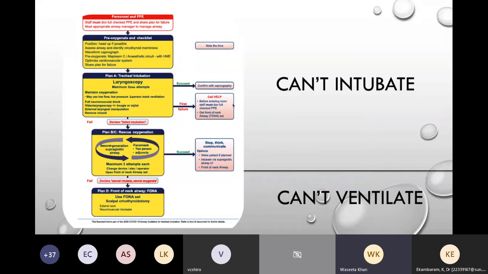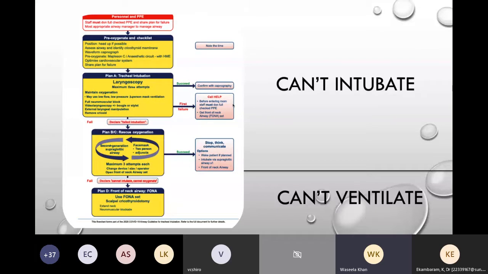Most often, we've got the GlideScope in the Western Cape with the C-MAC as an example. If VL is not available, then proceed to a supraglottic airway. Remember once again that the patient must be adequately oxygenated between attempts. If this is successful and you can ventilate adequately, indicated by chest rise and end-tidal CO2, then communicate so with your team and proceed with post-intubation care.